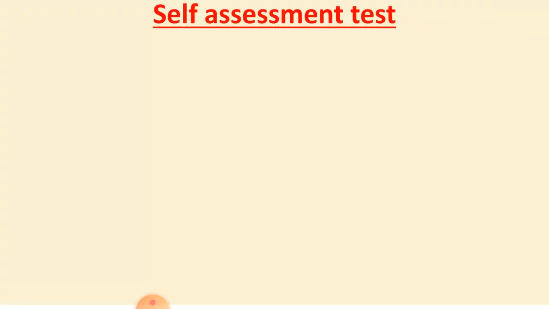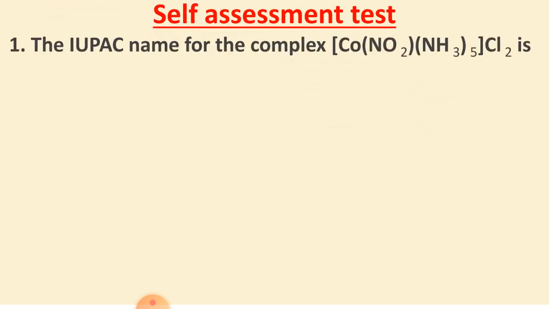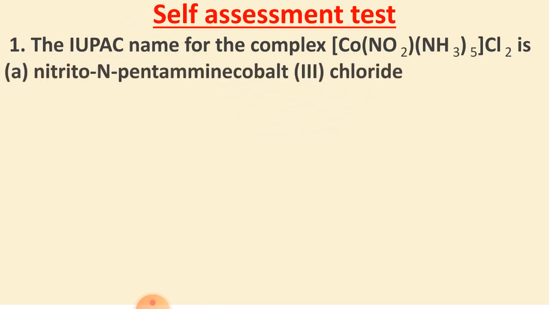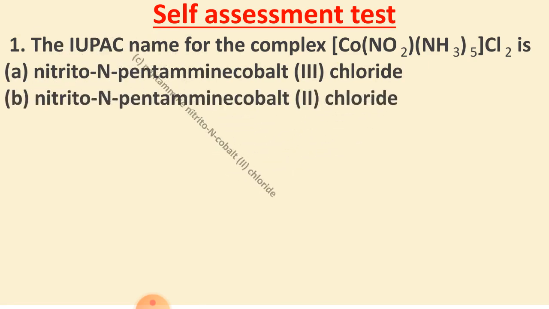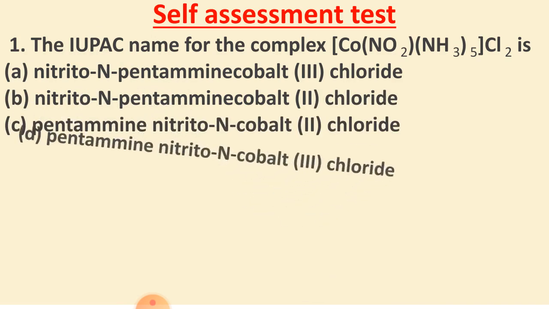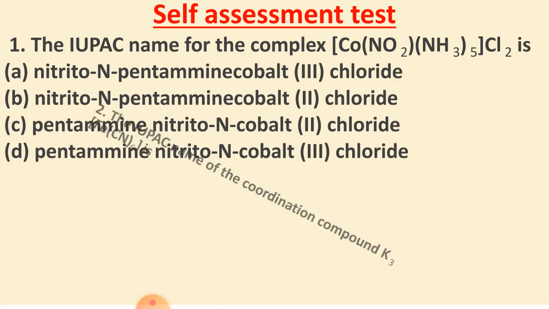Now students, a self-assessment test. First of all, you have to listen to the PPT video carefully and try to write the names of the complexes given in this PPT video and also given in the NCERT book, and then solve these questions. The IUPAC name of the complex [Co(NO2)(NH3)5]Cl2 is: 4 options are given, out of which you have to select one correct answer.